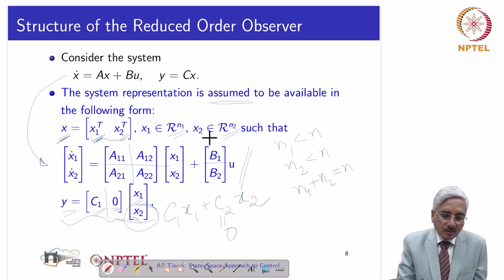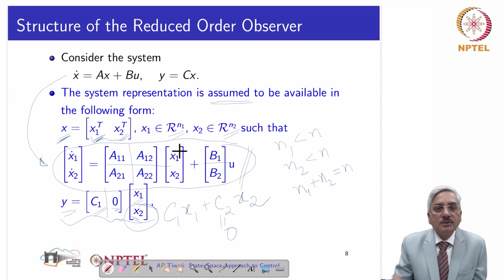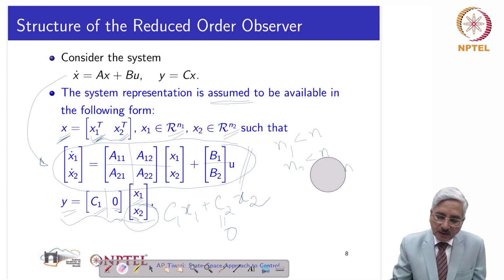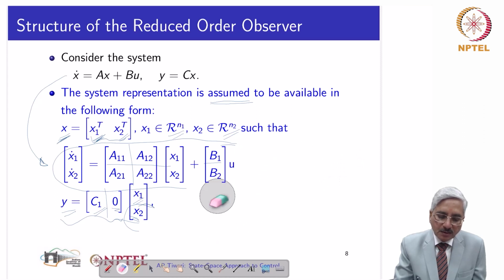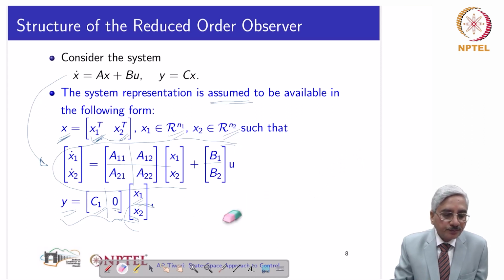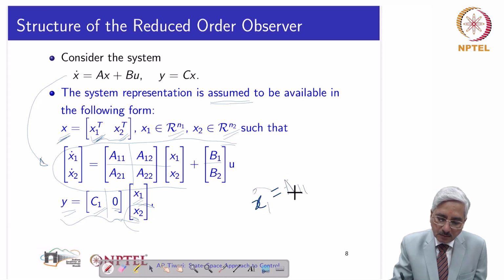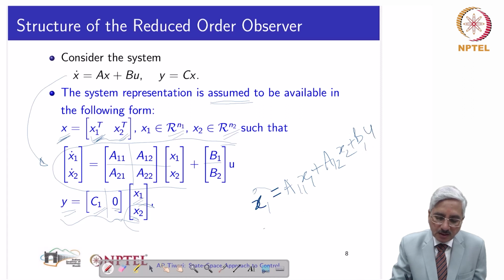And the state equation is correspondingly shown in this partitioned form. So x1 dot is A11 x1 plus A12 x2 plus B1 u, and similarly x2 dot is A21 x1 plus A22 x2 plus B2 u.